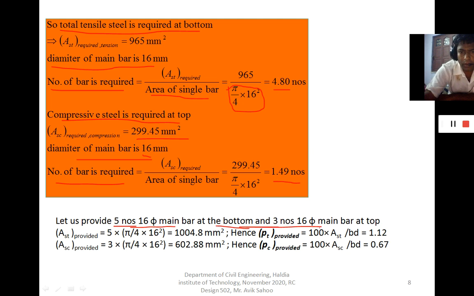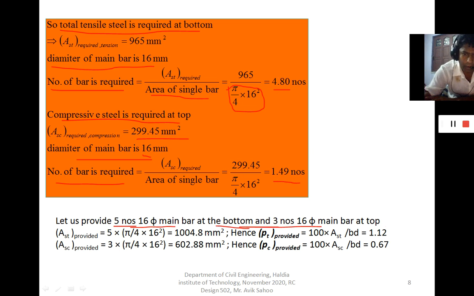We provide 3 because as we apply 5 numbers at the bottom, at top at least 3 bars you have to provide. So 3 numbers of 16 mm bars are used at the top.